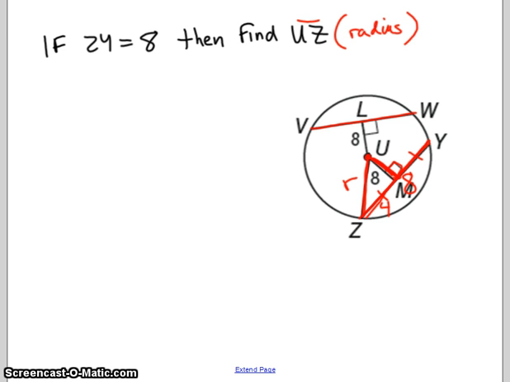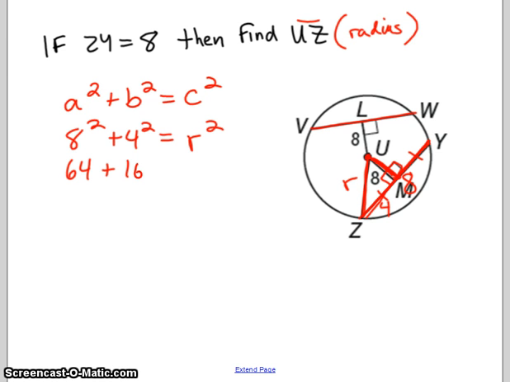Okay, and what do we have? We have a right triangle. And we could use the Pythagorean theorem to find the radius. So a squared plus b squared equals c squared. 8 squared plus 4 squared equals the radius squared, or UZ squared. So 64 plus 16 equals r squared.